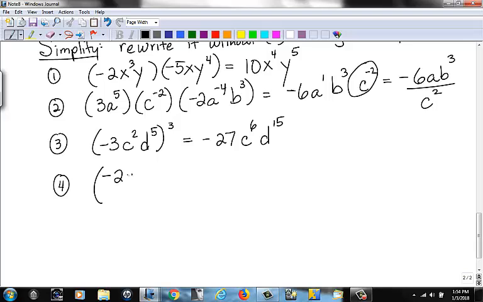Negative 2a, and it's all over c squared, and that quantity's to the fifth. That's negative 2 to the fifth power. You don't invert it, because it's not a negative exponent on the outside. But what's a negative 2 times a negative 2 times a negative 2 times a negative 2 times a negative 2?